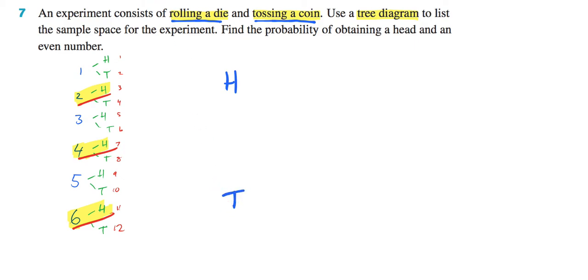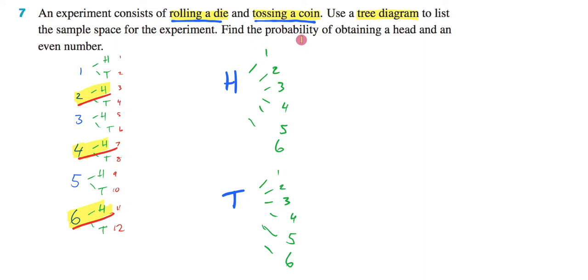And then from there, I could roll my die. So I would get a 1, a 2, a 3, a 4, a 5, or a 6. And then the same thing down here, a 1, a 2, a 3, a 4, a 5, and a 6. Let's pretend that looks nicer than it actually is.